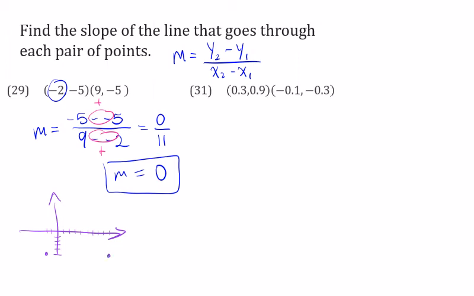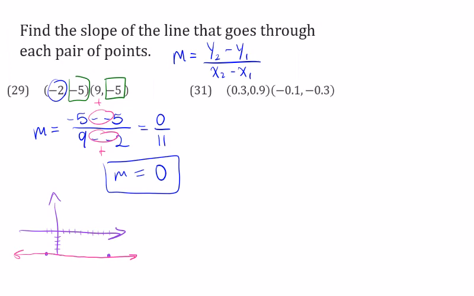And so if we connect those dots, what kind of line do we have? Yeah, mine isn't perfect, right? But we can see we have a horizontal line, okay? So when our slope is 0, that makes a horizontal line. And if we're looking at the coordinate points, the way we can easily identify that is if the y coordinates are the same. That means it's not going to go up or down, it's just going to go left and right. Okay, and that makes a horizontal line.